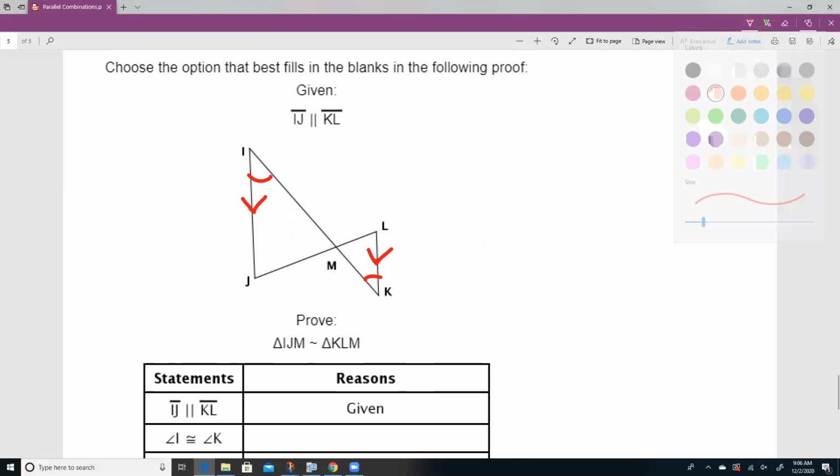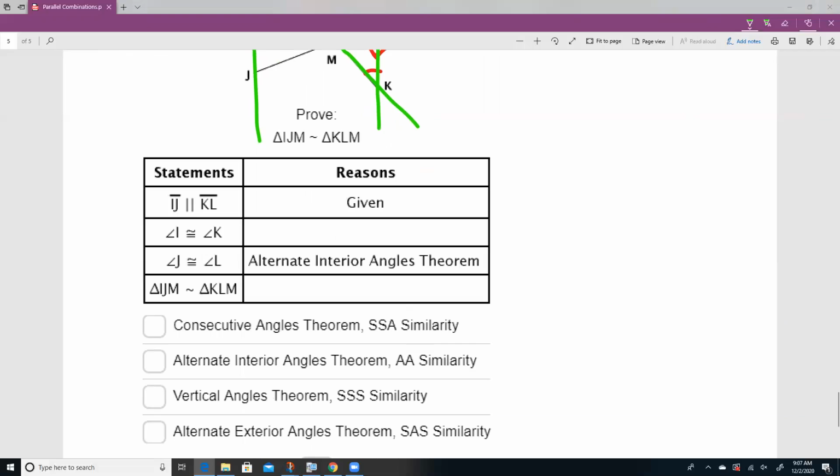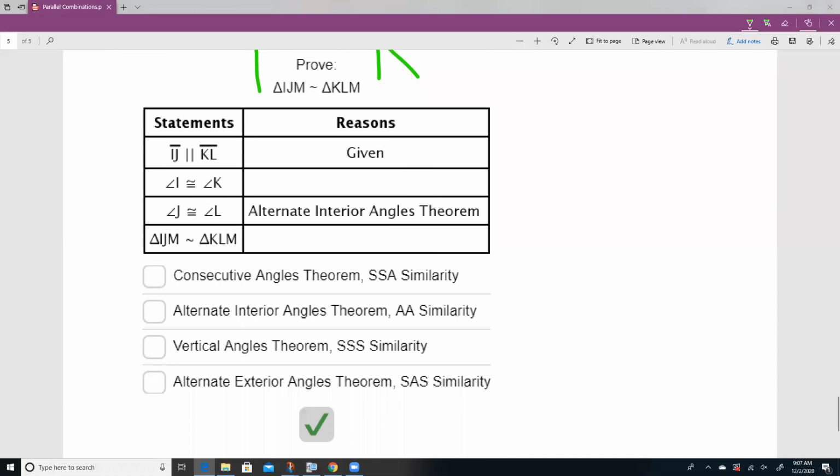Well, we're going to use that same trick we did on the last problem, where we just extend our parallel lines to make a statement more obvious. And I extend my transversal. So I notice these, again, are alternate interior angles. Oh, hey, there's alternate interior angles theorem right there. And right here, that says alternate exterior, so I know that's not my guy.